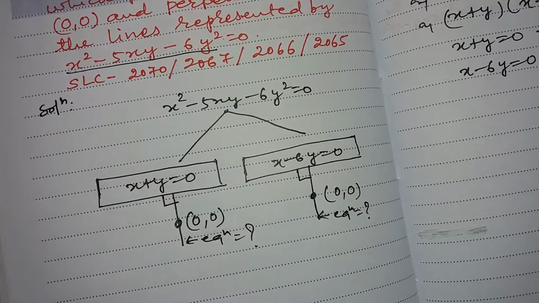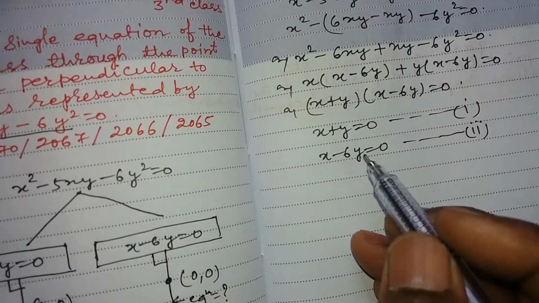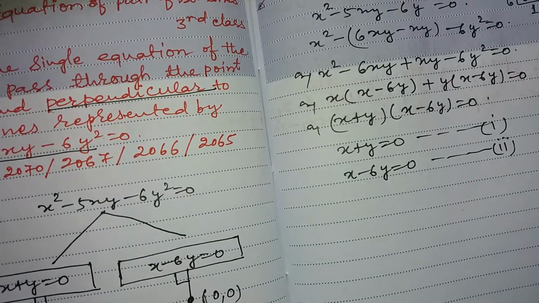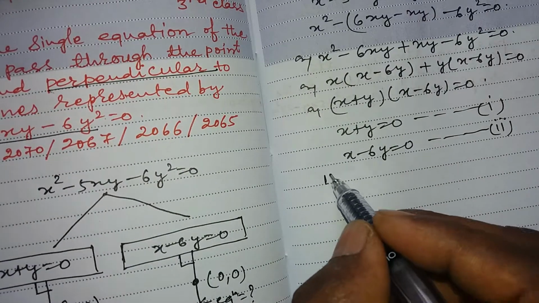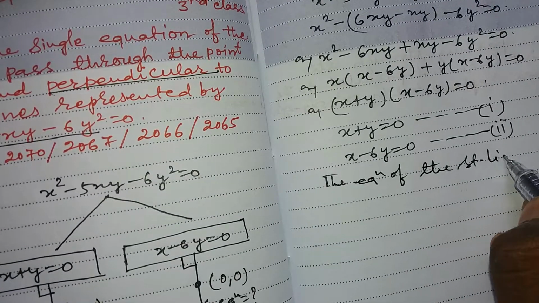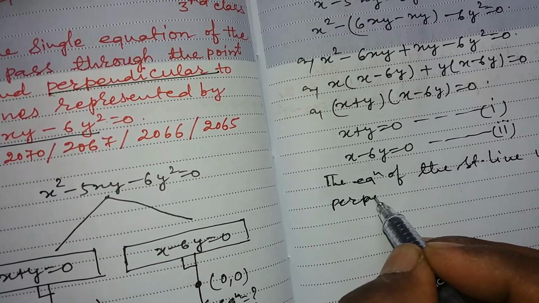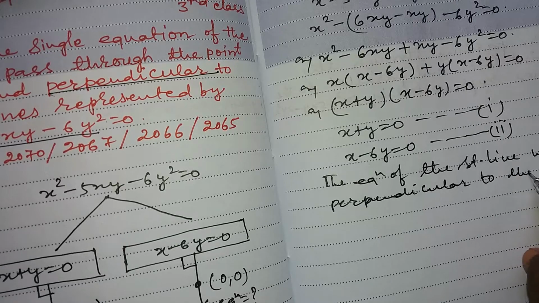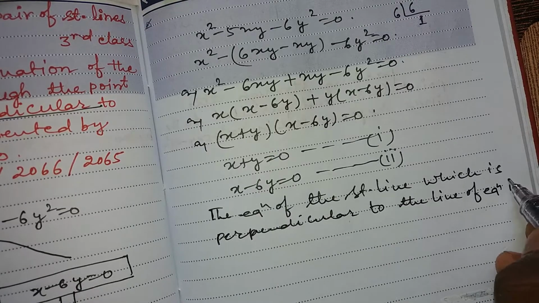Here by using that method, or the one I am going to tell, you can use this method also. The condition given here is perpendicular. So for the perpendicular, we can write the equation of the straight line which is perpendicular to the line of equation 1.